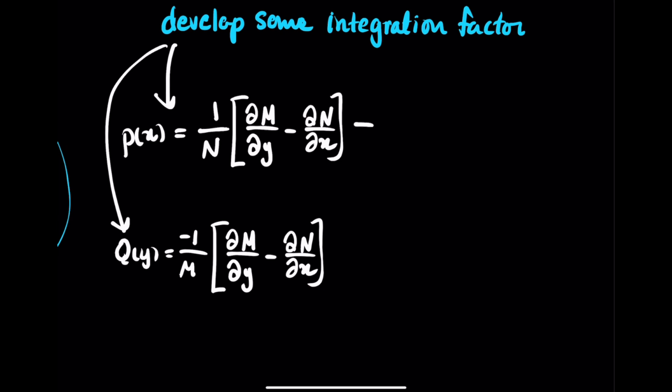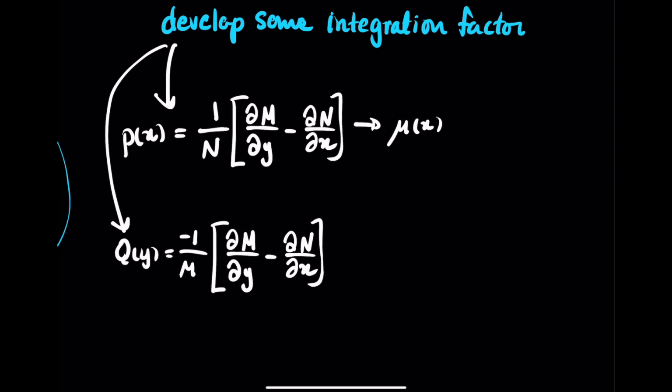So then your integrating factor, I'm going to use mu. Now recall in the first type of first order ordinary differential equation I showed you, which was linear differential equations, I was using mu of t as the integrating factor.